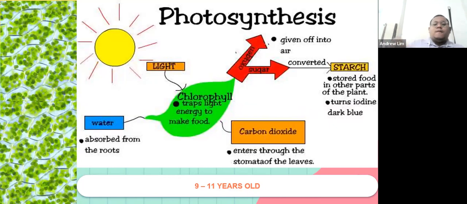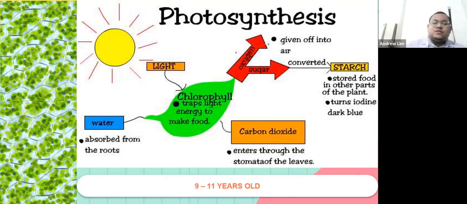So all these components, water, carbon dioxide, light, will be formed together to give out oxygen and sugar. The oxygen that's formed will be released back to the air, whereas the sugar will be converted into starch, which will be used by the plant for food.